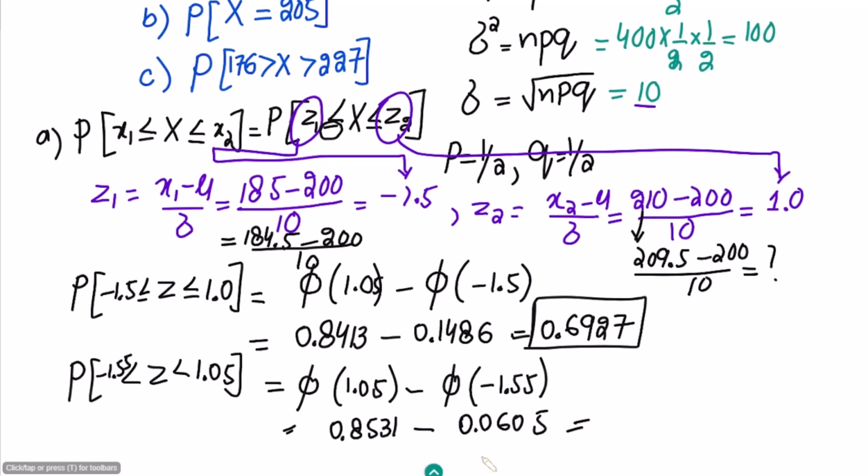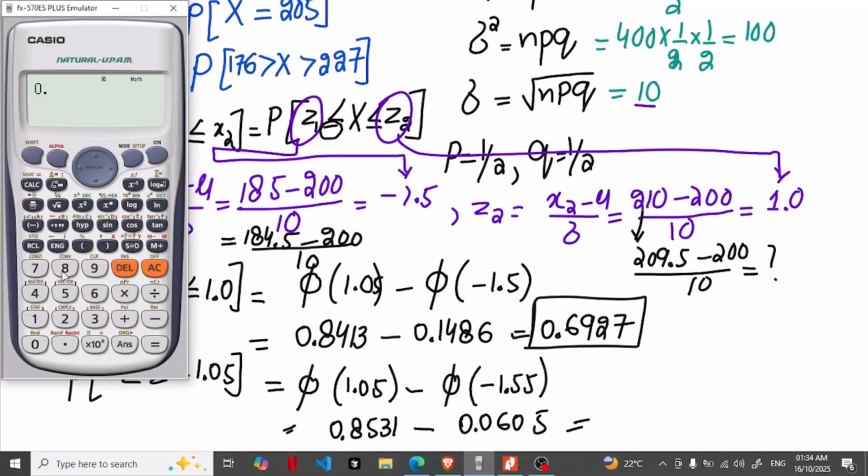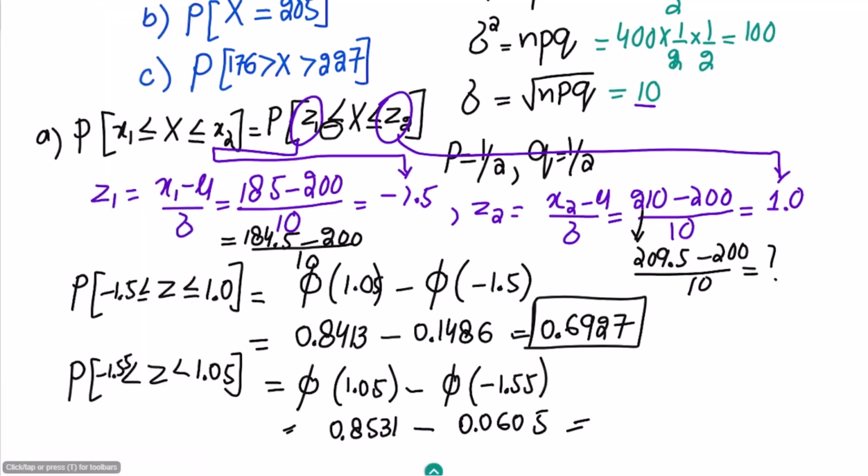Okay, calculating it, 0.8531 minus 0.0605. So this is 0.7927. Okay, so that is basically the solution of our question.